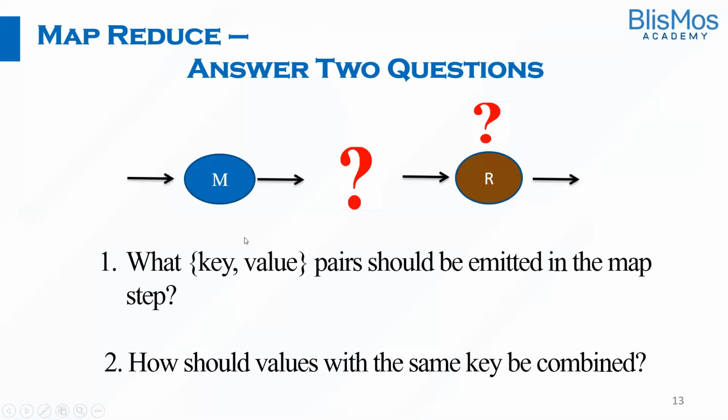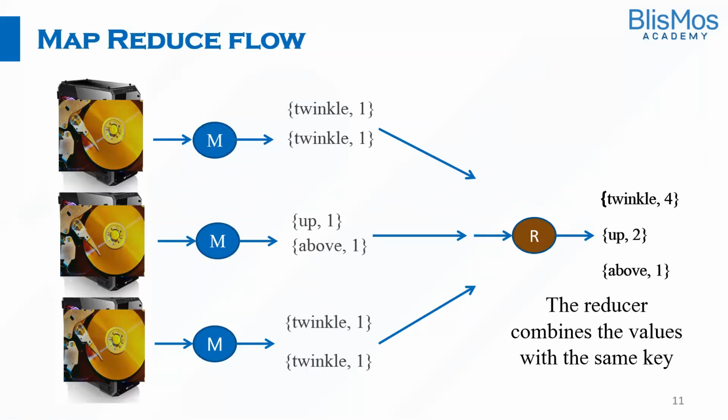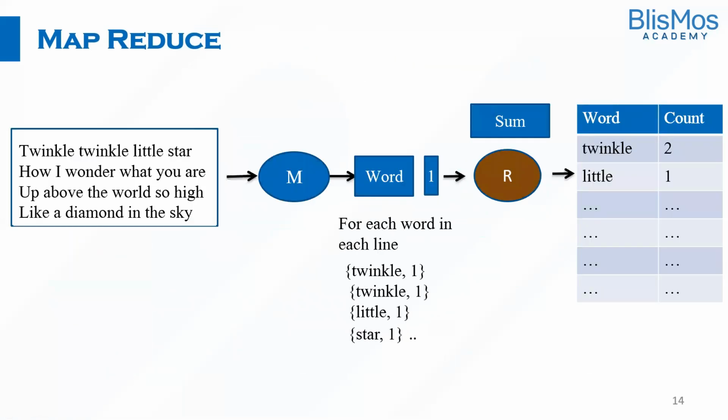And the second question is, once this is done, how should the values with the same key be combined? For example, in the previous case, the mappers gave each word and how many times it is repeated. The reducer takes that as an input and produces key value pairs as output, which gives us the final output. So these are the two questions.